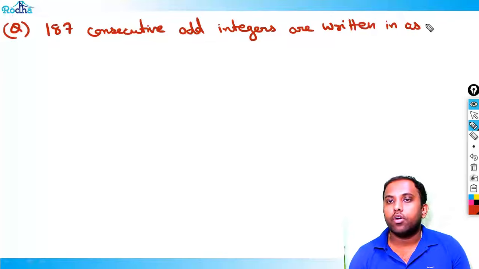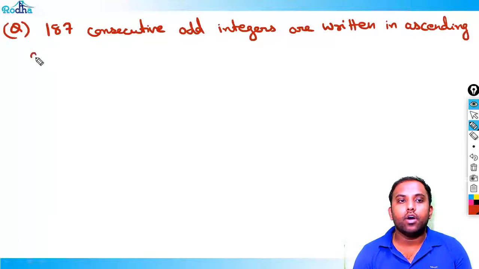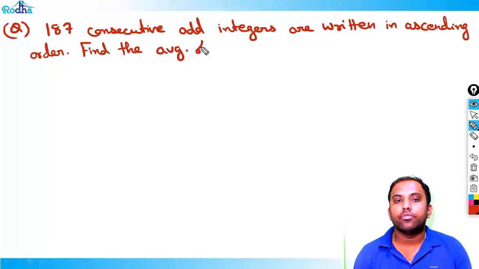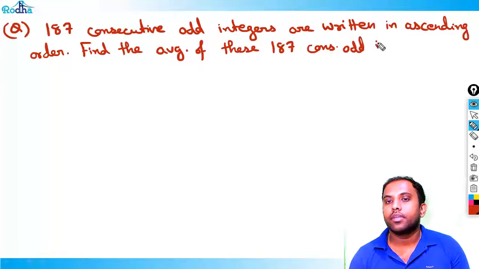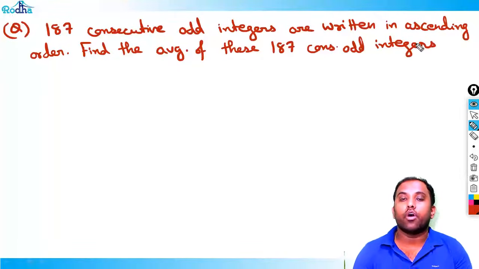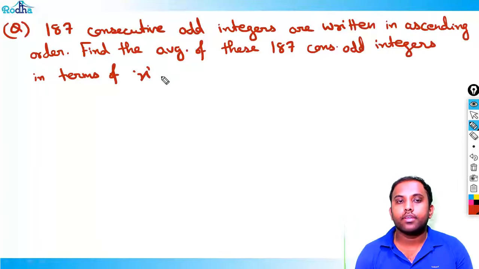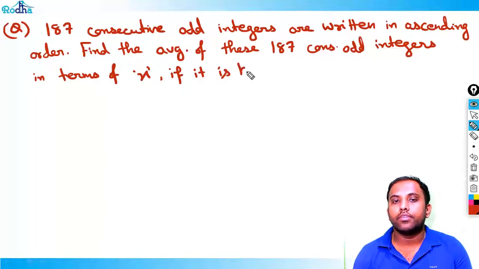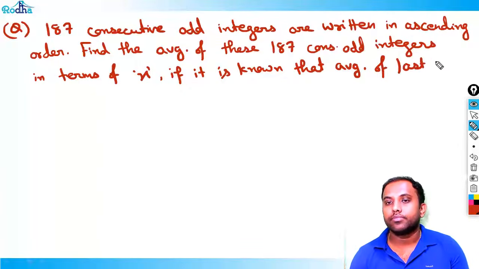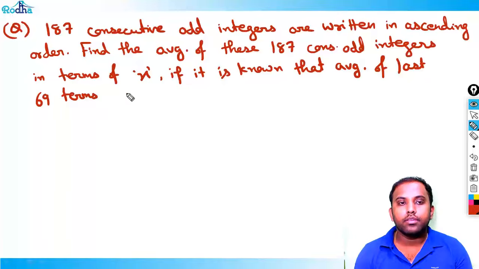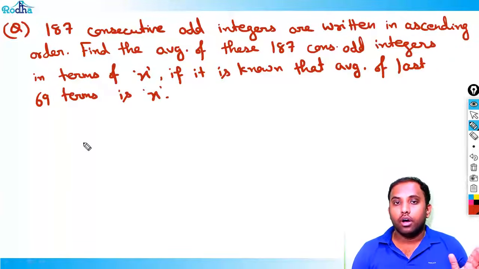Find the average of these 187 consecutive odd integers in terms of x, if it is known that the average of the last 69 terms is x. Very good question, a very good application of AP in averages.